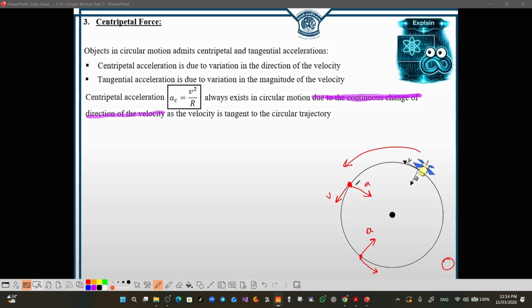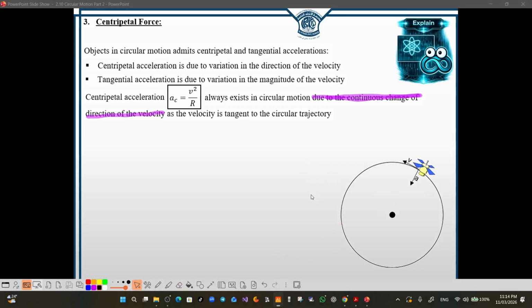So at every single point, we can indicate a new direction for the velocity, and remember that the velocity will always be tangent to the path. Due to this fact, one can say that the centripetal acceleration is always involved in circular motion, because this acceleration is responsible for changing the direction of the object.